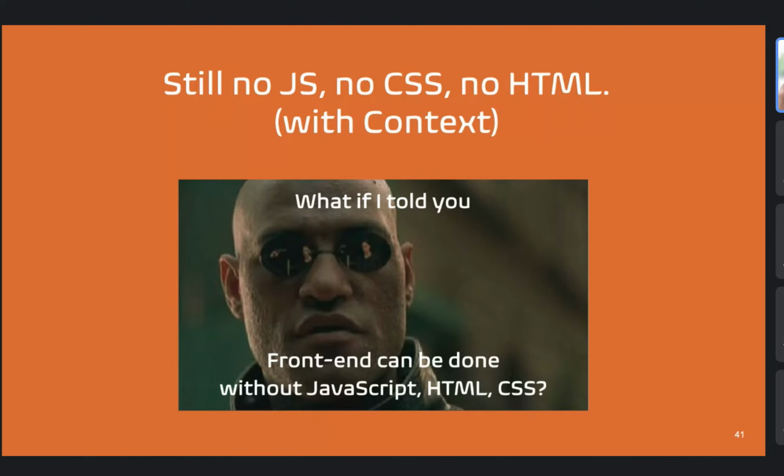So the idea was that we would replace JavaScript with Elm, and then we would replace CSS and HTML using Elm UI, which is a library. So the pro of this choice is that basically, you can write a web interface without struggling with those languages like JavaScript or CSS.